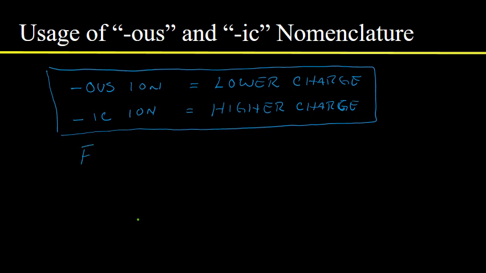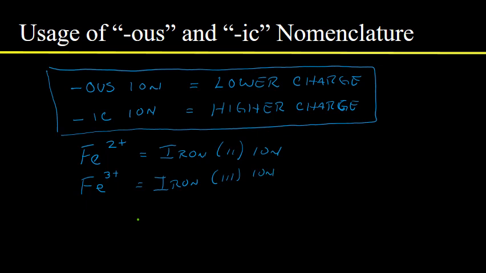So for example, as we had on that previous page, iron only has 2 common charges, either +2 or +3, right? And the correct name for these, the name that I will use and the name that I would like you to use, is iron(II) ion and iron(III) ion.